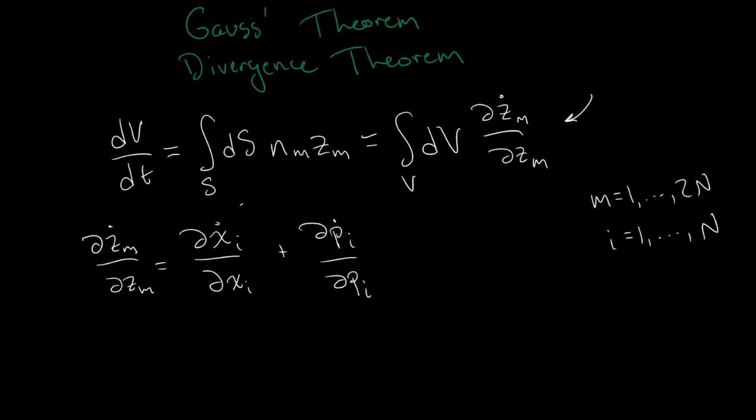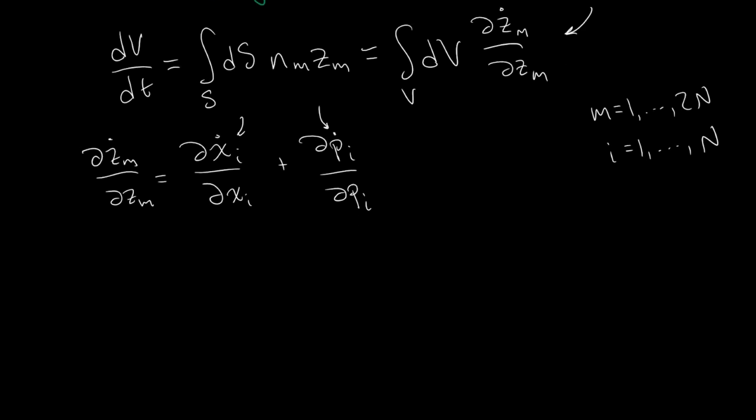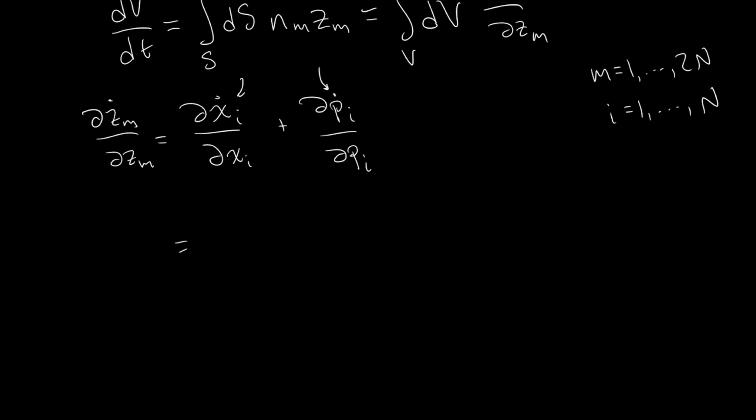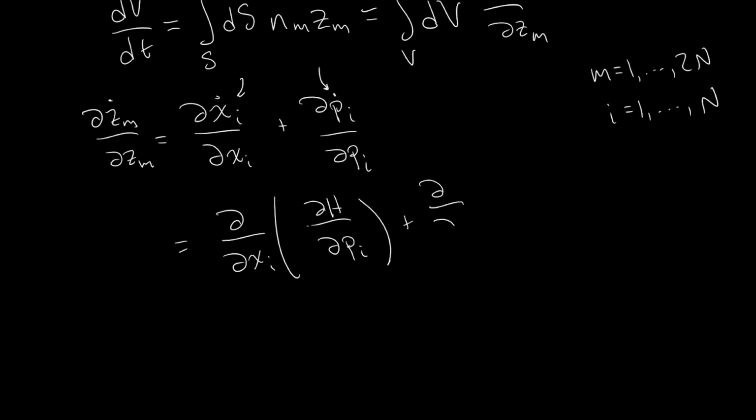But we know what x dot and p dot are from Hamilton's equations. So we can rewrite this as d/dx sub i of dH/dp sub i plus d/dp sub i of minus dH/dx sub i.